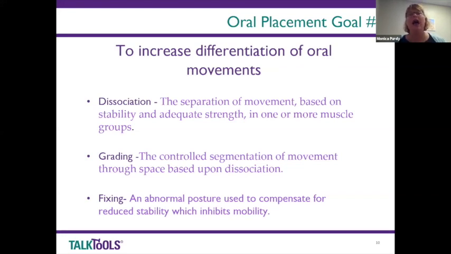Our bodies are constantly learning to move independently from each other from birth up until, I would even hesitate to say, even adulthood, depending on if you're learning a new skill or not.